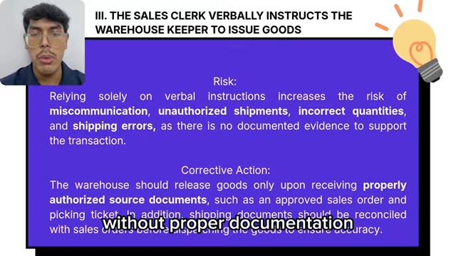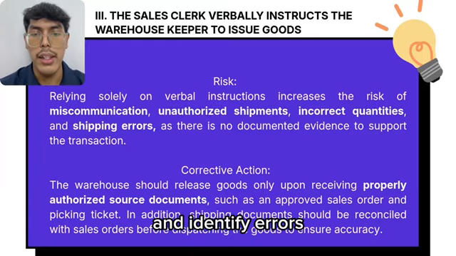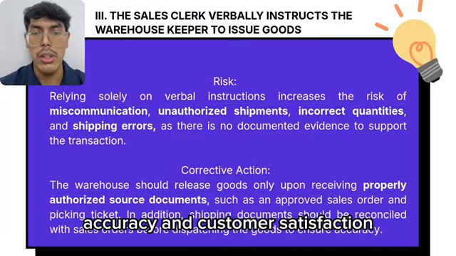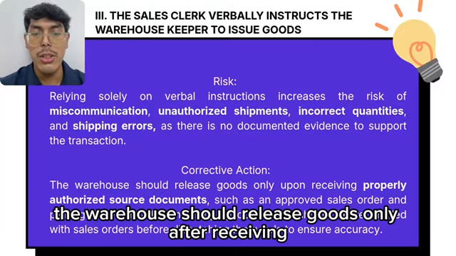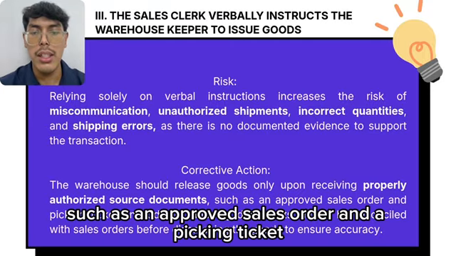Without proper documentation, it is also difficult to trace transactions and identify errors, which may affect inventory accuracy and customer satisfaction. To address this weakness, the warehouse should release goods only after receiving properly authorized source documents, such as an approved sales order and a picking ticket.